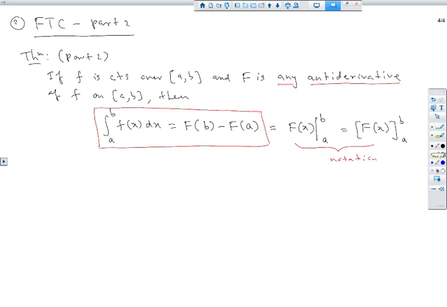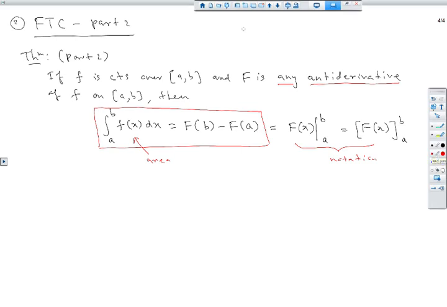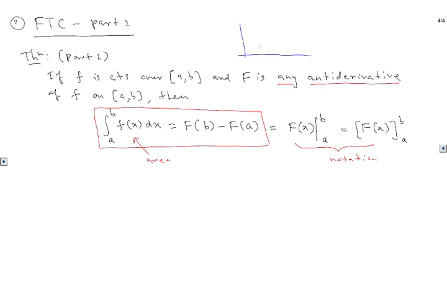And we discussed why this is, from the previous discussion. If you look at the definite integral, that's an area. So we need to find the area between a and b only. We find the area all the way up to b, and then subtract the area up to a, so that you get only this part, because otherwise there is some extra part.